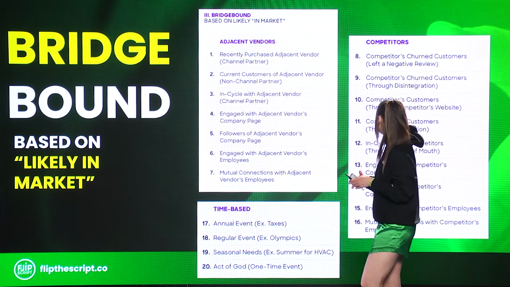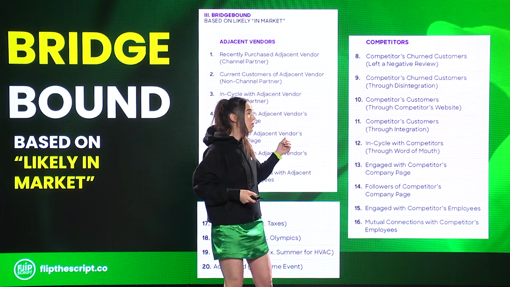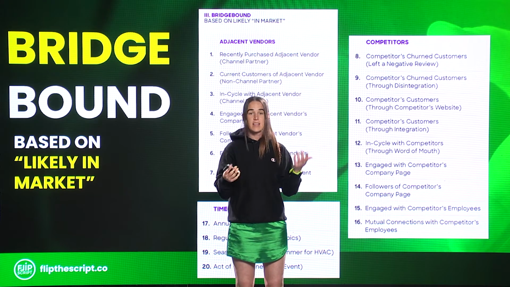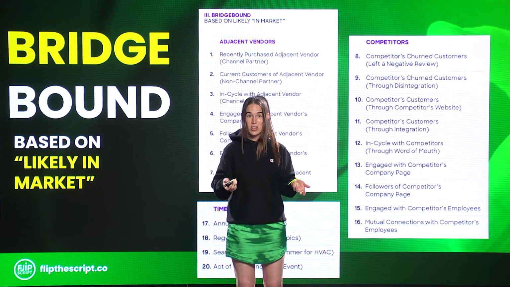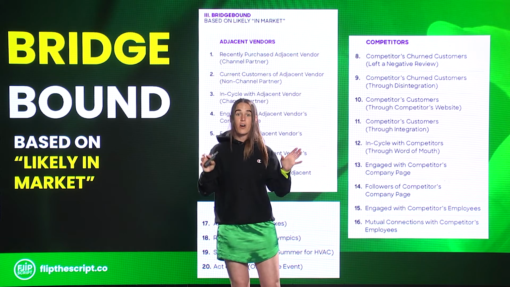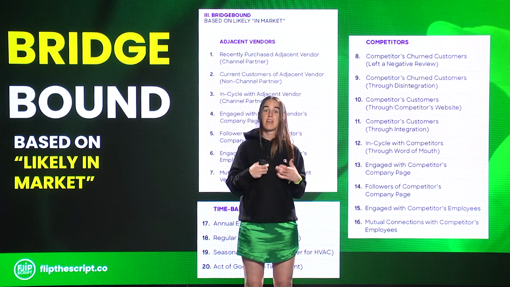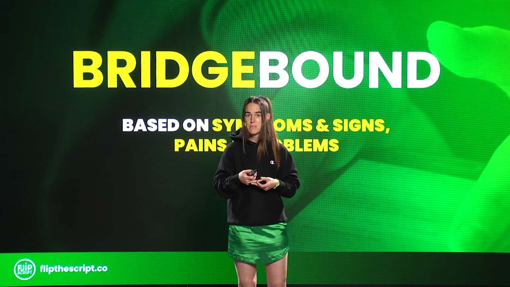So, for instance, maybe you found that they churned from your competitor, or they engaged with a competitor's social media page. So it's likely to think that they are potentially evaluating competitors so that you can get in there and likely get evaluated alongside. So these are all the plays essentially that make you think based on a movement of the prospect that they are likely in market to solve a problem that your product or services solves.